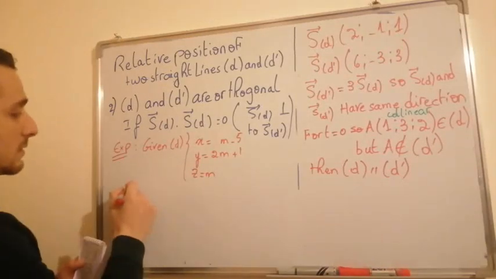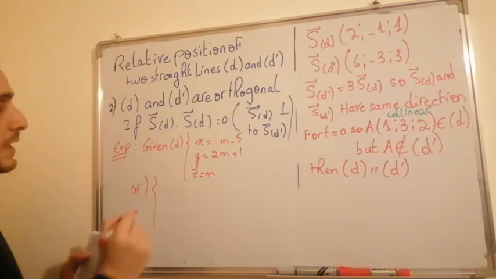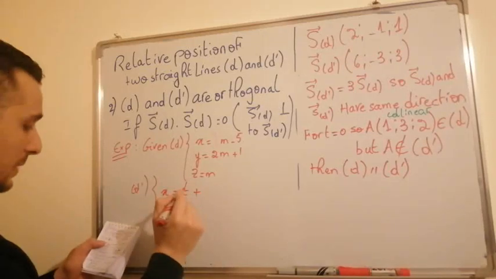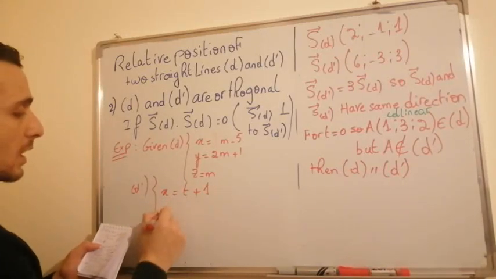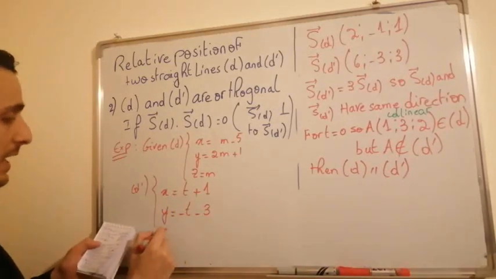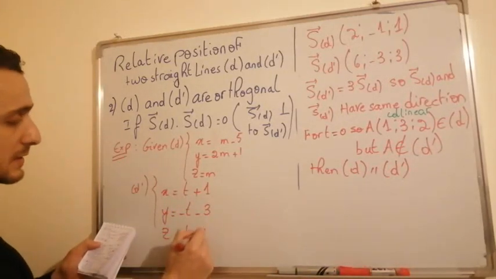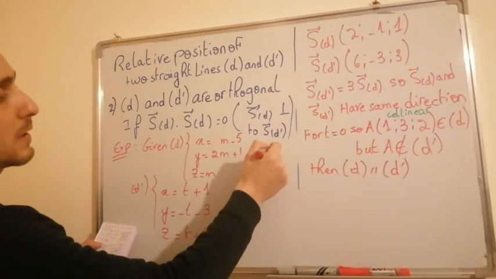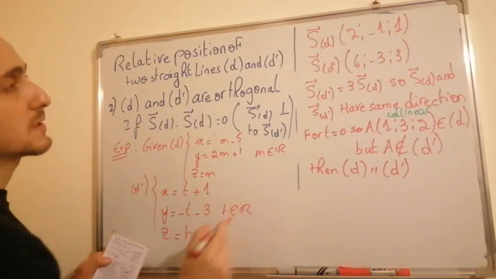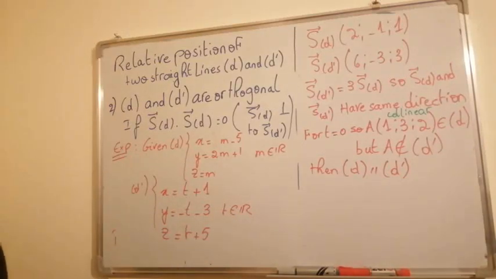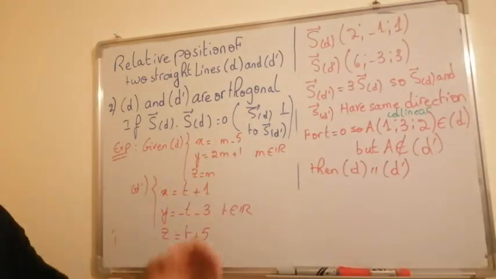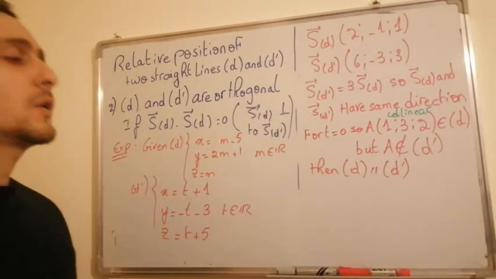The second line D prime has an equation x equals t plus 1, y equals minus t minus 3, and z equals t plus 5, where m and t are two real parameters. What is the relative position between these straight lines? Or prove that these two lines are orthogonal.